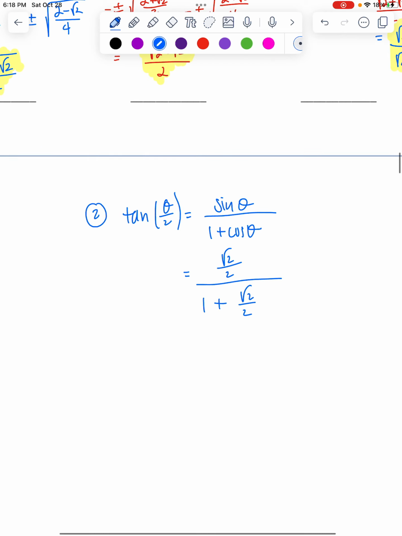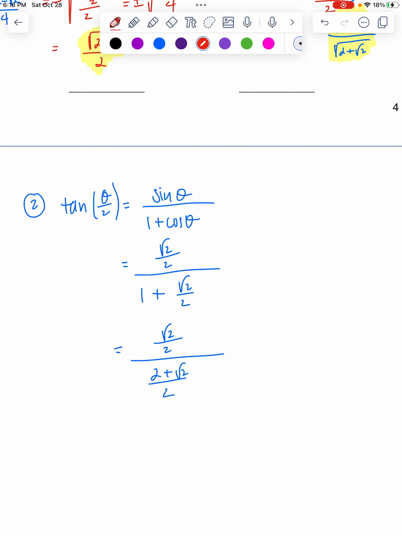And again, find your common denominator for the denominator portion. So this becomes 2 plus root 2 all over 2. So we have a fraction divided by a fraction. I'm going to multiply by the reciprocal of the second fraction. Then our 2's cancel out, and we're left with radical 2 all over 2 plus root 2.